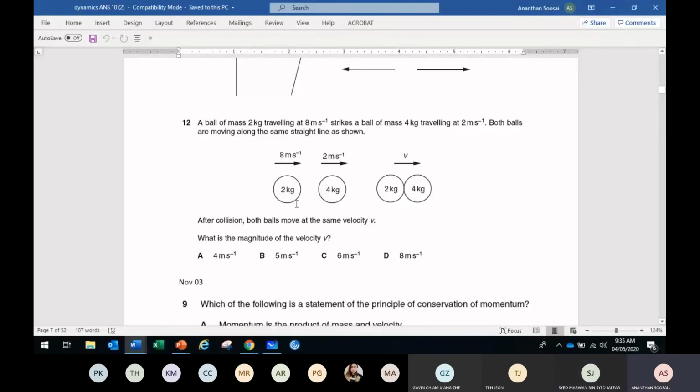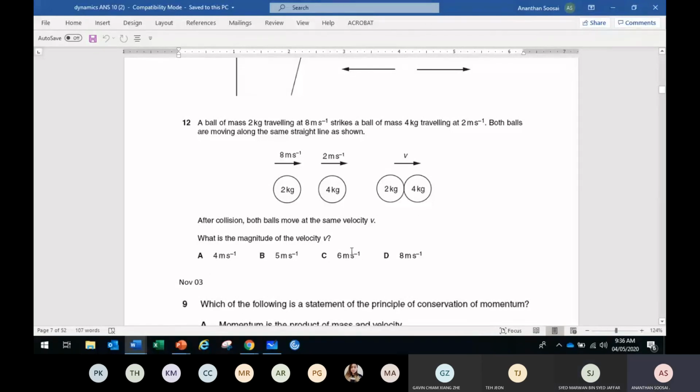Momentum of the 2 kg is positive because it is moving to the right. Momentum of the 4 kg is also positive. So M1 U1 plus M2 U2, you add them. 2 times 8 plus 4 times 2, you get the total momentum equals 6 times V, because they stick and move together. So all of you got 4. The total divided by 6, you get 4.